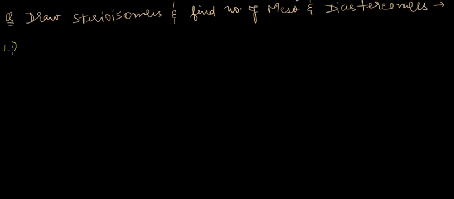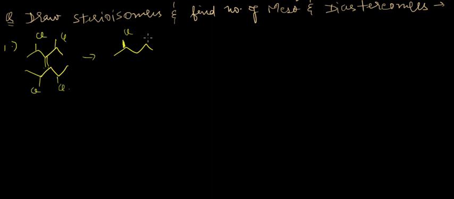First, let's say we have this compound, and if you draw the stereoisomers of the following compound, then with 2 Cl coming out of the plane, obviously this would be a meso compound.